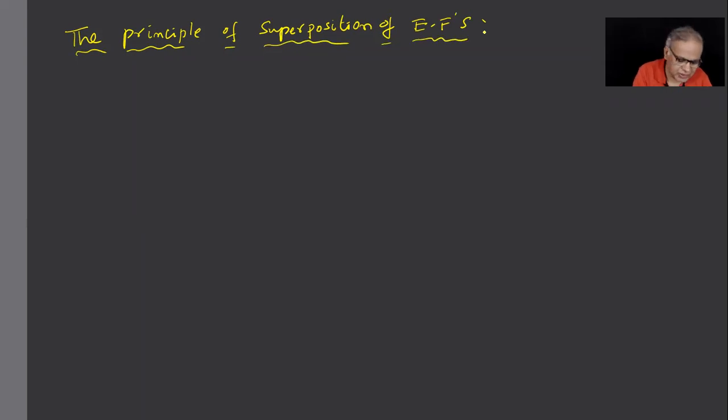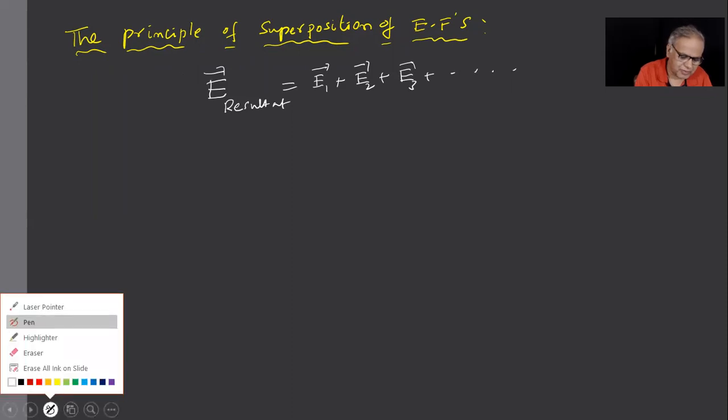If I just show it in equation form, it is like this. E resultant, I'll write. E is enough actually, but I'll still write E resultant is equal to E1 bar plus E2 bar plus E3 bar plus and so on. This is our principle of superposition in the mathematical form.